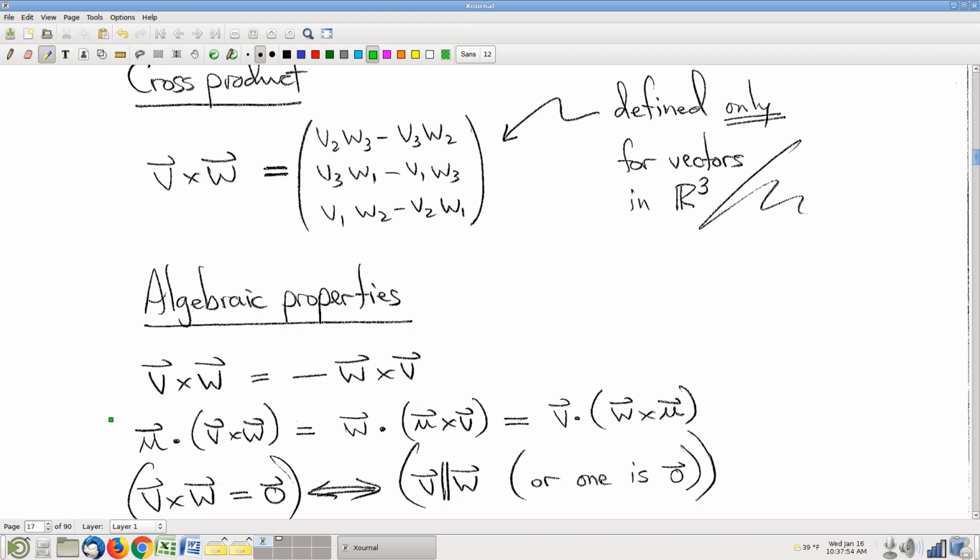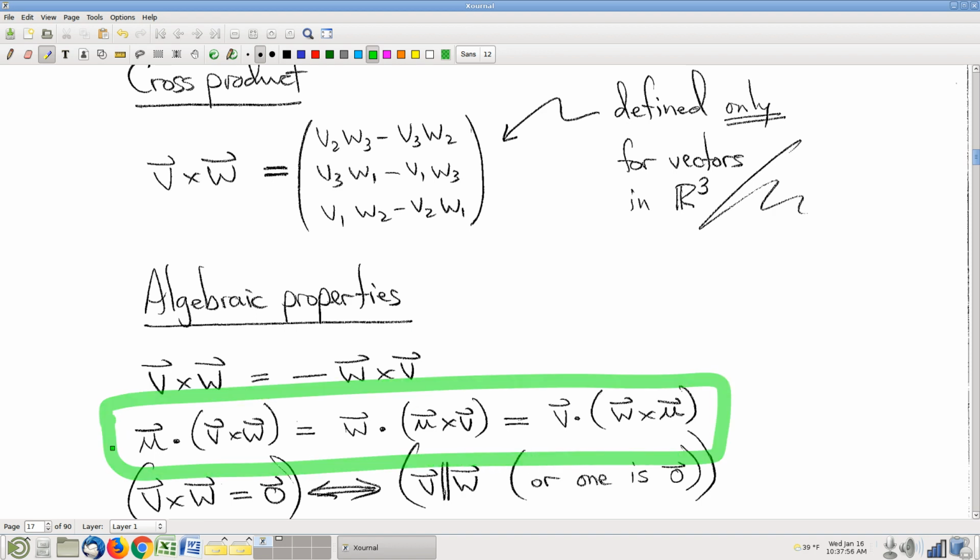Okay. Here's another one. I'm not sure what to call this. It's vaguely reminiscent of an associativity, but it's really not. So for example, we are not saying that U dot V cross W is equal to, let me put a question mark here, U dot V cross W. Don't copy this down.